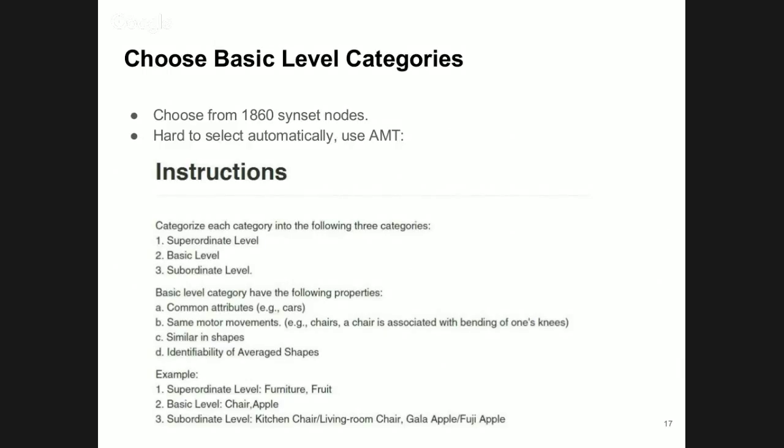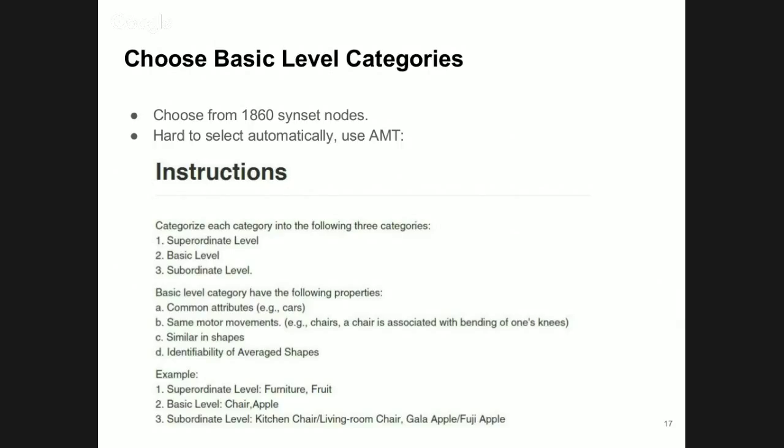First, basic level objects have common attributes. Then basic level categories have the same motor movements. For example, a chair is associated with bending of one's knees, so you do similar motor movements when you sit on chairs. Then basic level objects are similar in shape, and they have identifiability of average shapes.